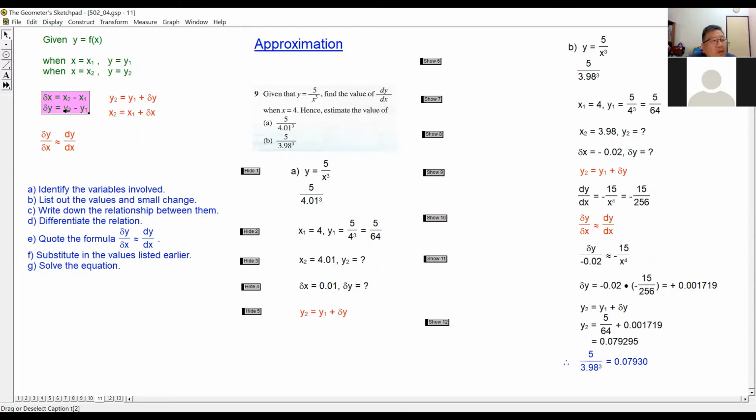So if we want to find y2, how? You just take the y1, you plus the delta y, then you will get the y2. Is that okay?